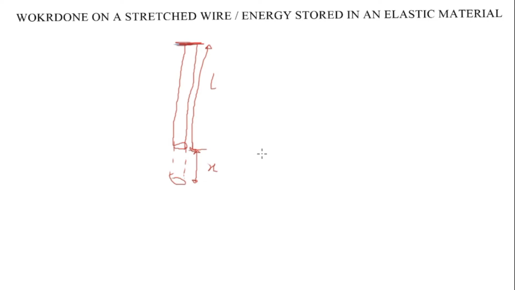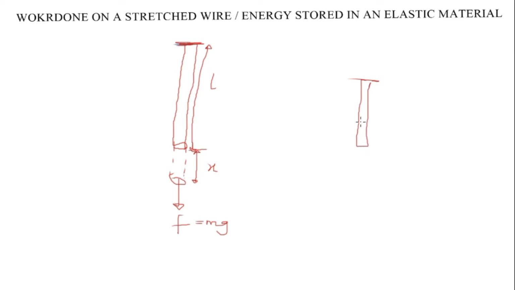Now, because it is downward in this case, our F that we use can be equal to mg. It could probably be because you put a load, something like this.